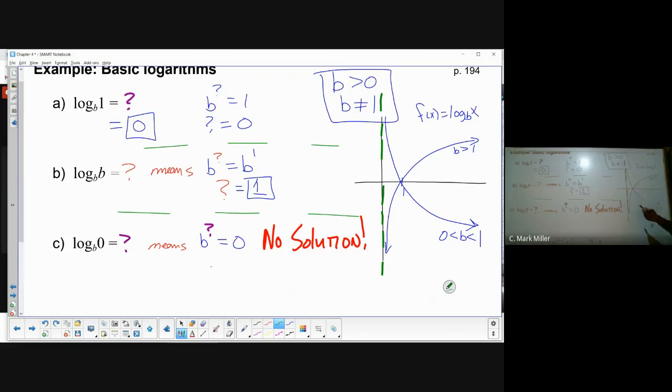So if you know the graphs, they can help you out here. The log of 1 is this point right here, y-coordinate 0. So that gives you the first one. The second one says the log base b of b is going to be 1, so out here at b, up here is the point b comma 1.